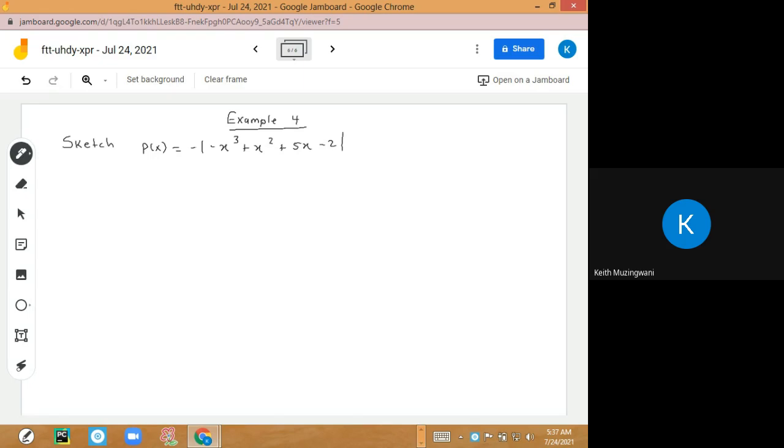This is a polynomial in the modulus. First thing again, we forget about the modulus and get the inside curve.